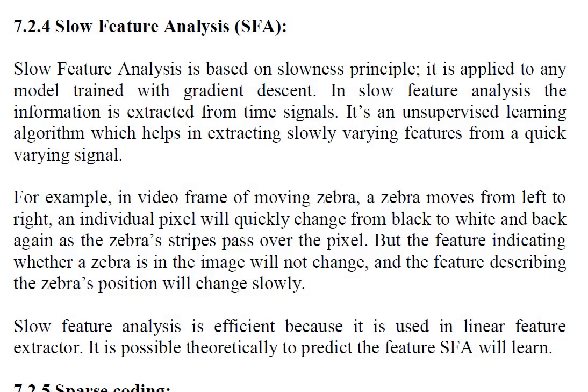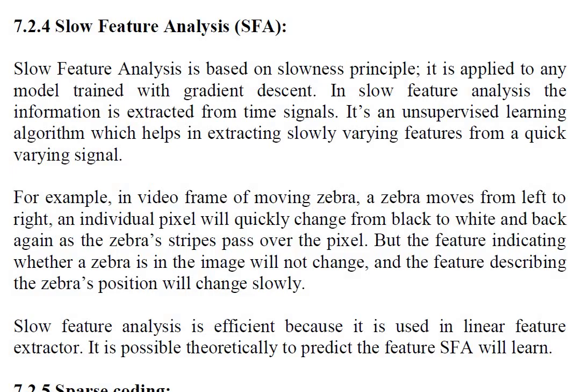So I have to check a feature, whether the zebra is there in the image or not. So the feature describing the zebra's position is slowly changing. Even though the pixels are rapidly changing, the feature which is describing the zebra's position on the screen is slowly changing.